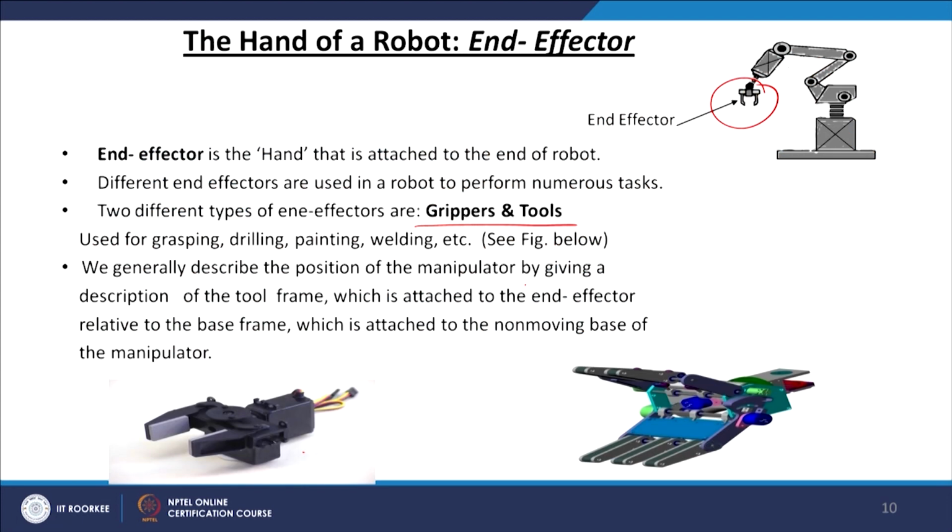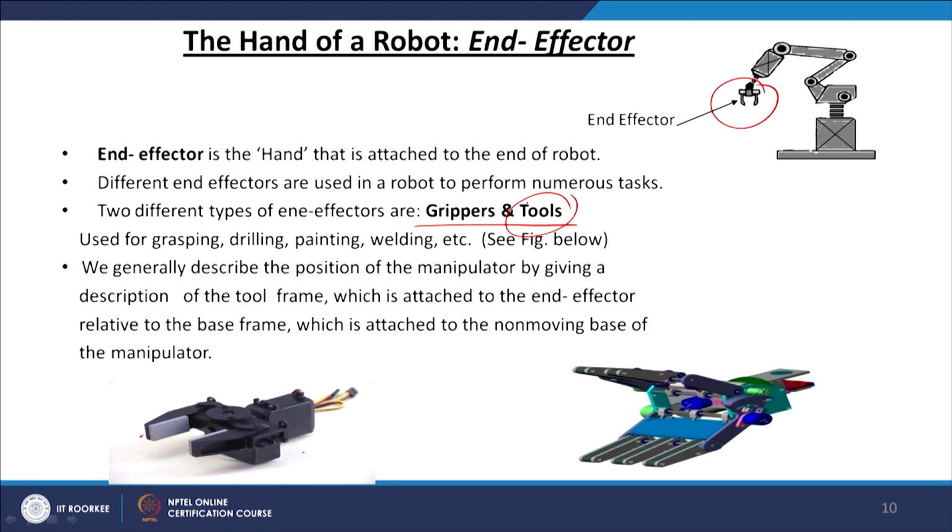The hand of the robot manipulator is also called the end effector, and it is of two types, gripper and tools. The gripper is a machine which has two fingers, for example like this, or it can be like human fingers, or it can simply have a tool attached at the end of the robot manipulator, which is also called an end effector.